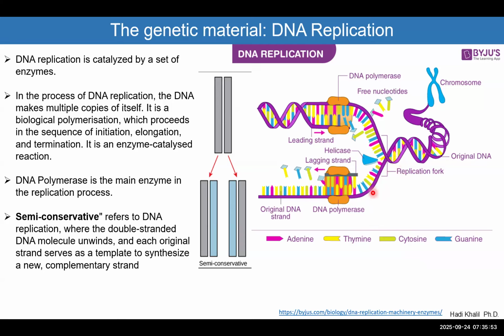Then you would need all these enzymes that are listed here, and we will be discussing them in a couple of slides down the road. You will have a DNA polymerase, which is a protein that polymerizes a newly generated DNA strand by reading the original one.